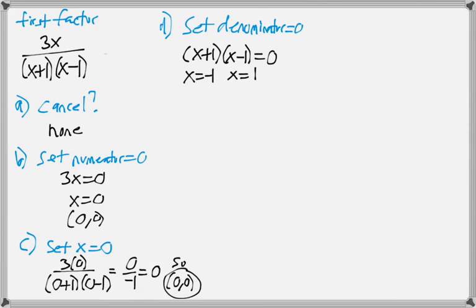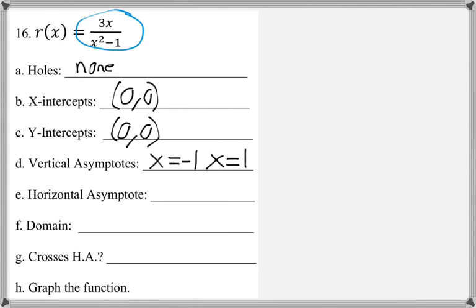The horizontal asymptote, I want to compare the degree. And I think it's easier to compare the degree on the first form, or on this form. And you'll notice that the denominator is higher.